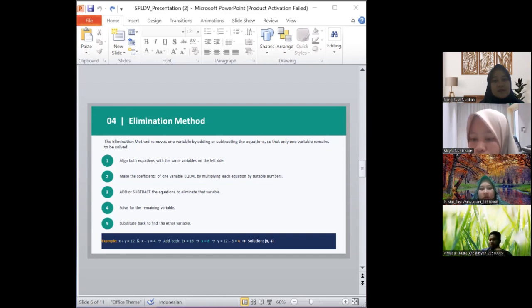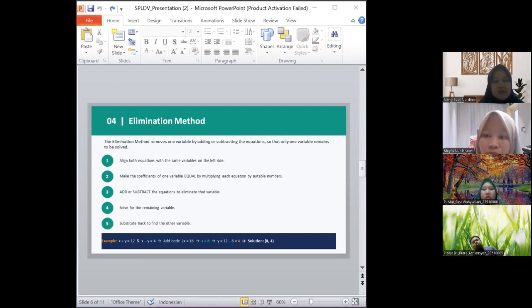Here are the steps. Step 1 is to align both equations with the same variables on the left side. Step 2 is to make the coefficients of the variable equal by multiplying each equation by a suitable number. Step 3 is to add or subtract the equations to eliminate the variable. Step 4 is to solve for the remaining variable.